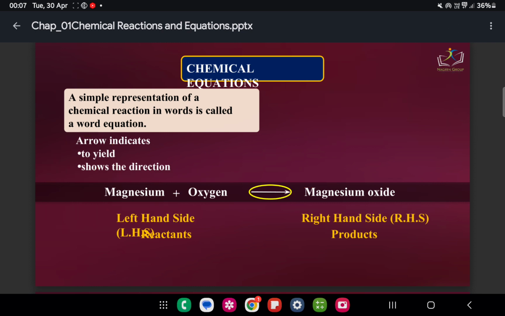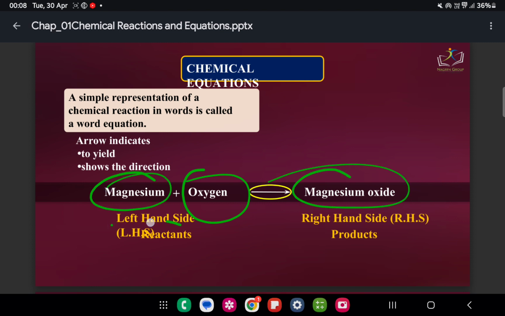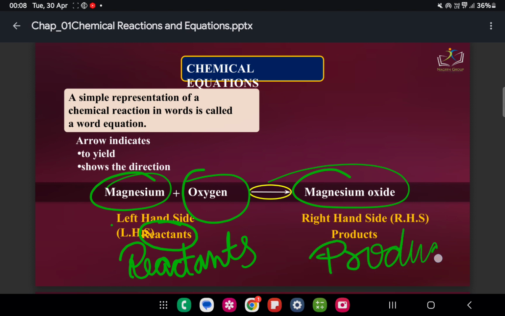The right hand side is called products. In a chemical reaction these two are very important. The left hand side, LHS, is called reactants, and the right hand side is called products. We should remember this, it is very important.